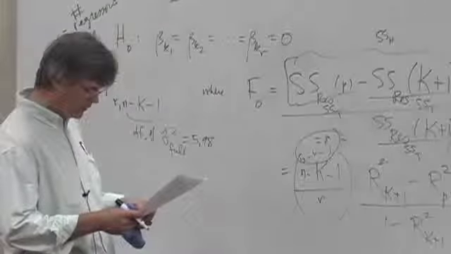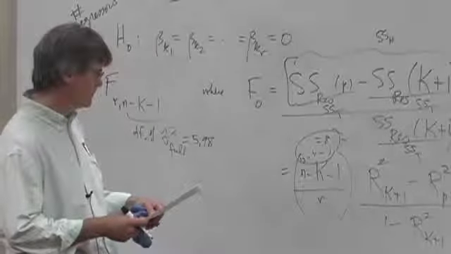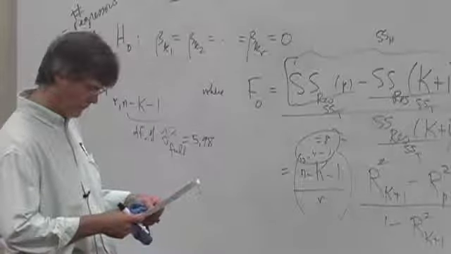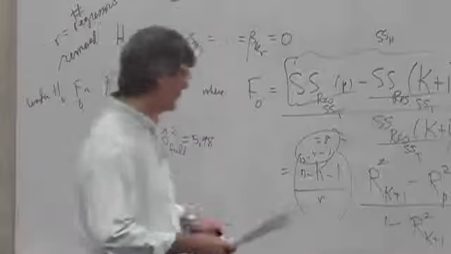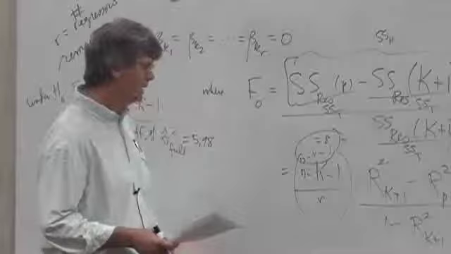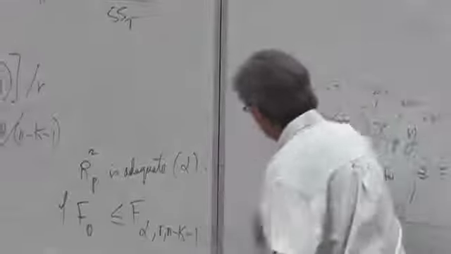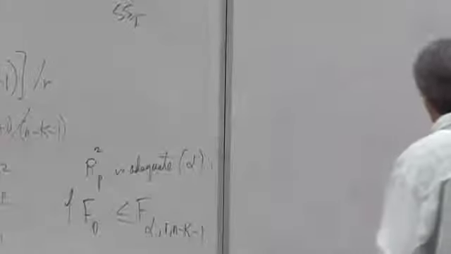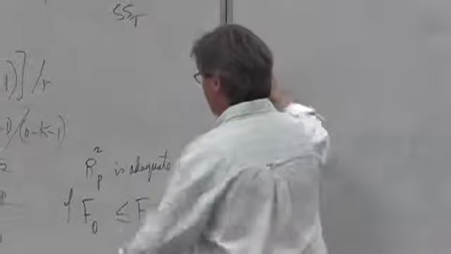Now, what I'm going to do is take that condition, F naught less than or equal to that, and what does that come down to? This is a little hard to follow, and it's just a formula in the book, but let me write it down anyway. You'll see from the example.